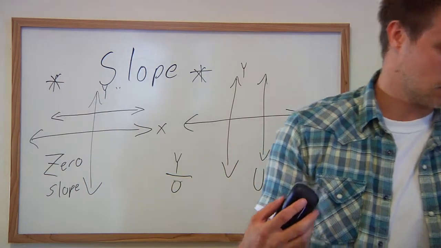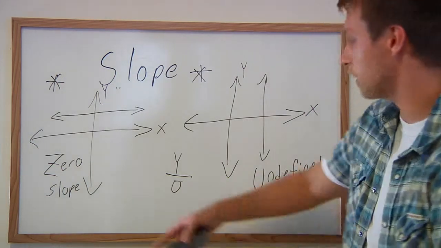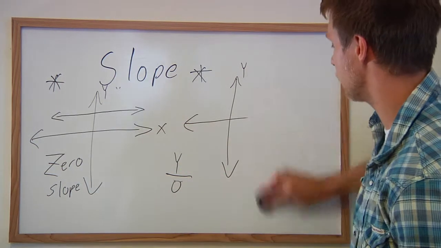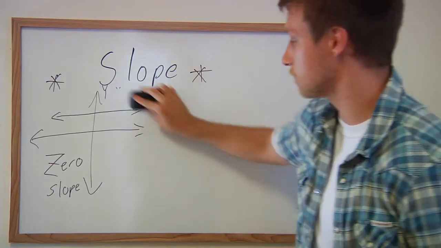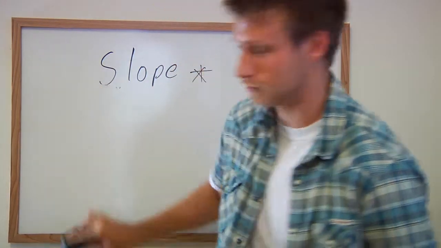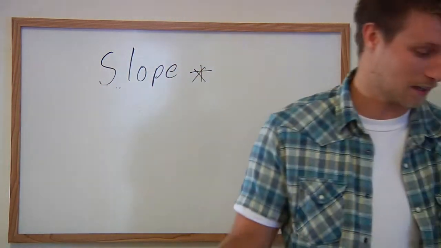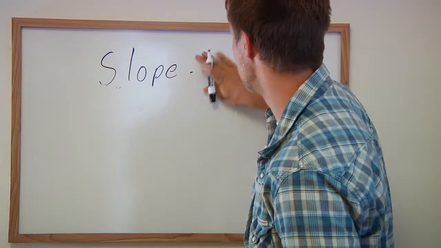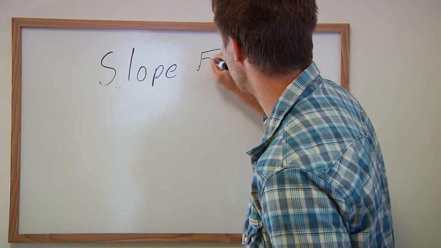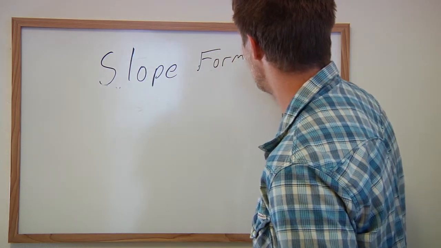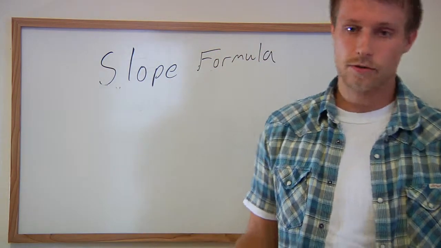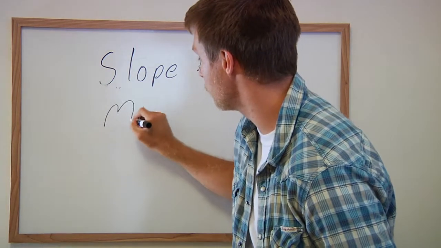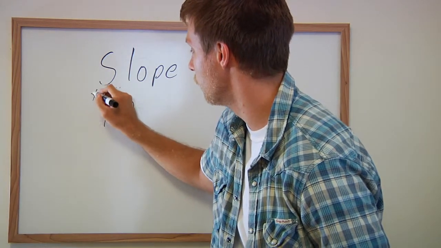So let's actually take a look at how we can form these lines. How can we make these lines? Because so far I've just been drawing lines on a whiteboard and not done anything impressive. What I'm going to look at now is what we call the slope formula. The letter that we use to represent slope, and this is very, very important, is m.